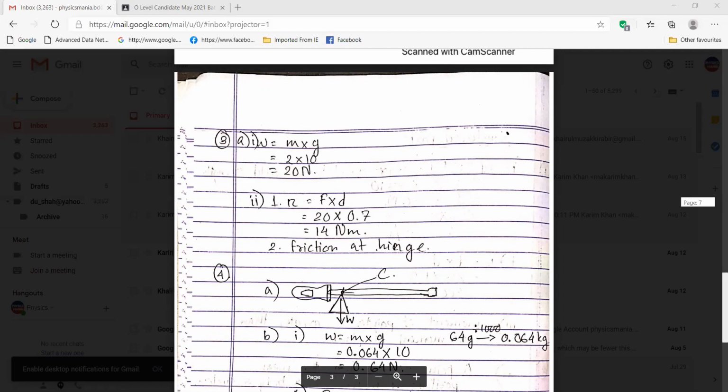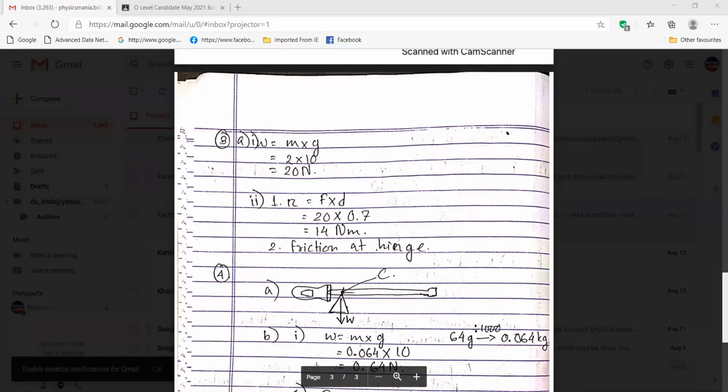Calculating the weight is fine, but the moment, question number three, when the lid is closed, right? Calculate the moment about the hinge when the lid is closed. So it is the hinge, right? And the weight is working where? The lid is this one, right?